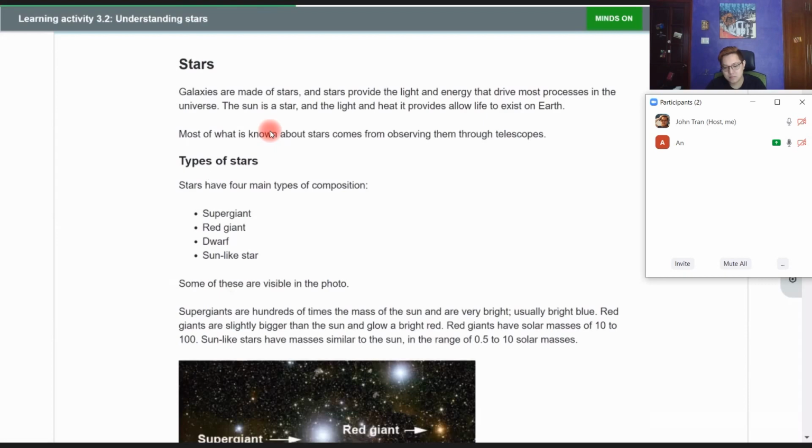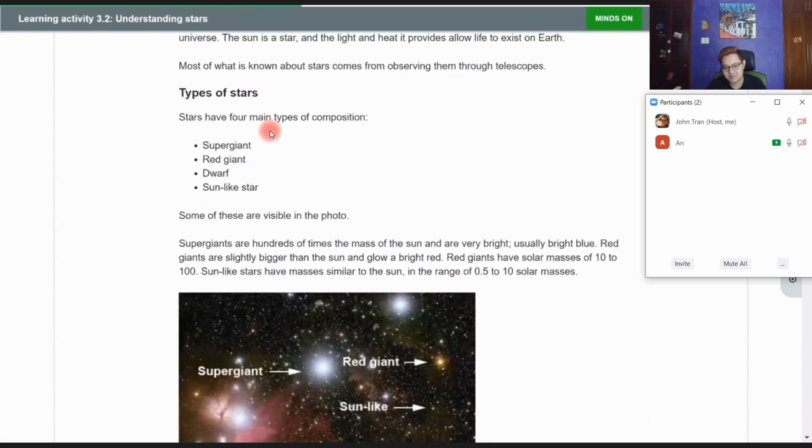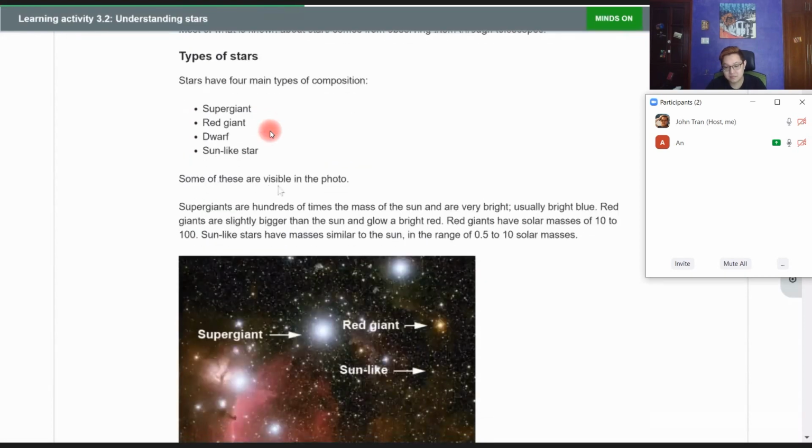Types of stars. Stars have four main types of composition: supergiant, red giant, dwarf, and sun-like star. Some of these are visible in the photo. Supergiants are hundreds of times the mass of the sun and are very bright, usually bright blue.